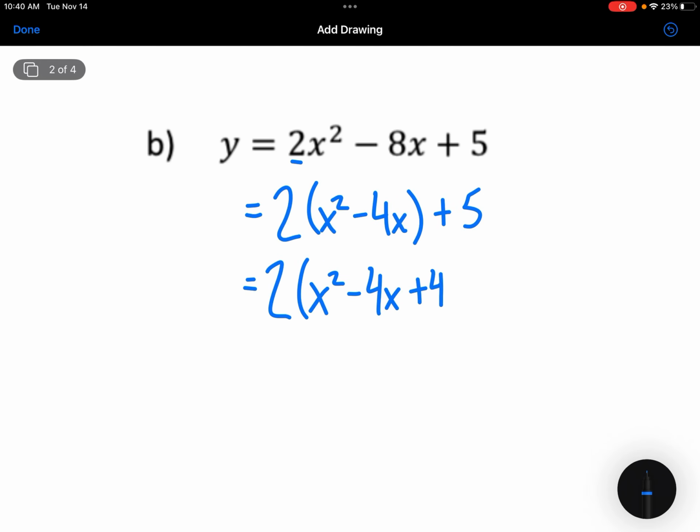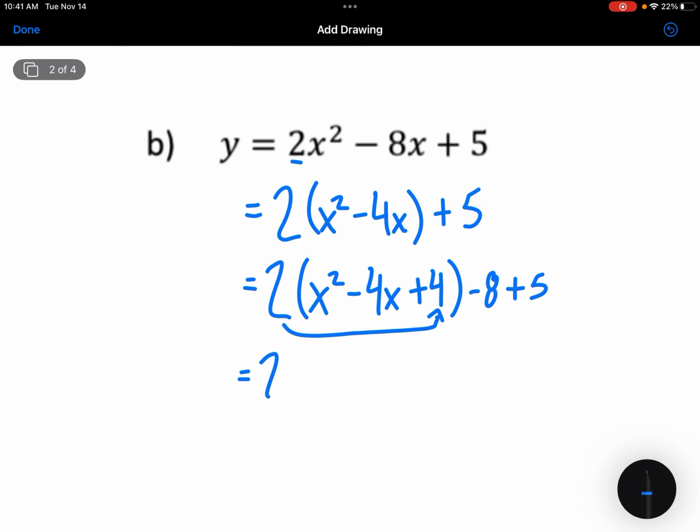Squared is going to give me 4 again, but it's plus 4 because we're squaring a number. And then really, remember, we've actually added 8 because if I expanded this out, this would be 2x squared minus 8x plus 8. So I haven't added 4 here, I've added 8, so I need to subtract 8 outside of the brackets plus 5.